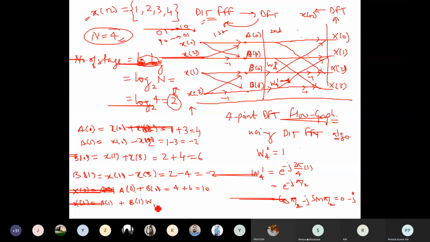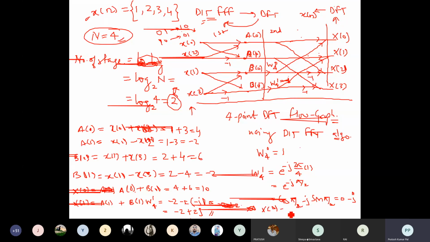So it will be a1 is minus 2, b1 is minus 2 with the multiplication of minus j. So it will be equal to minus 2 minus plus 2j, that is minus 2 plus 2j. Okay, so from there we can get x of 0 will be 10, x of 1 will be minus 2 plus 2j.